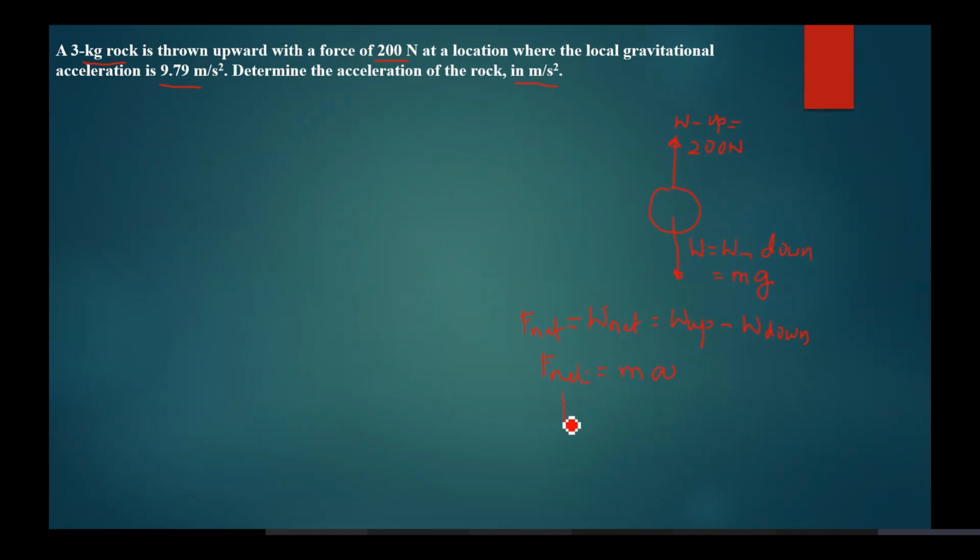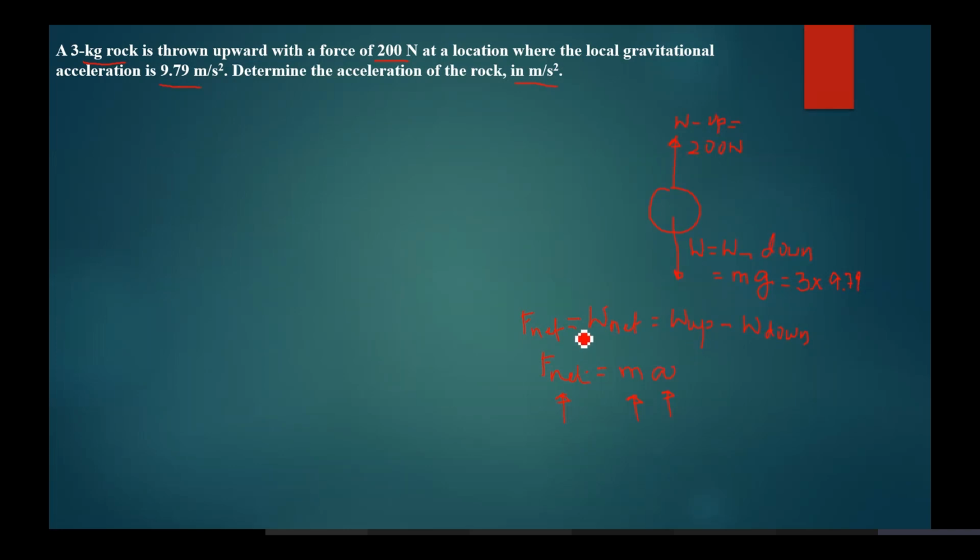So net force is known to you, mass is known to you, and you can find out the acceleration. Clear? Mg is what? 3 kg multiplied by 9.79. Is this clear?